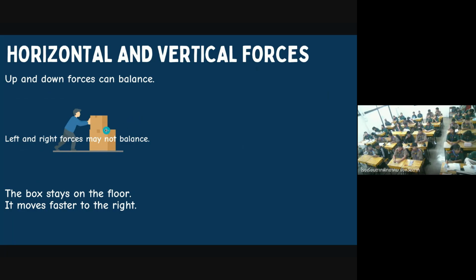Gravity is always pulling things down, so there will be a force towards the downside and a support pushing the box up. So there are four different forces affecting this object.